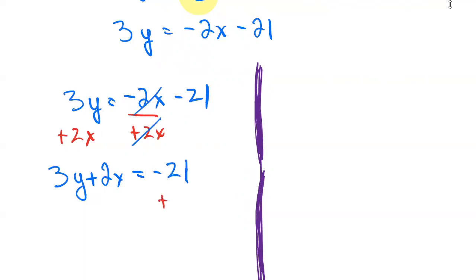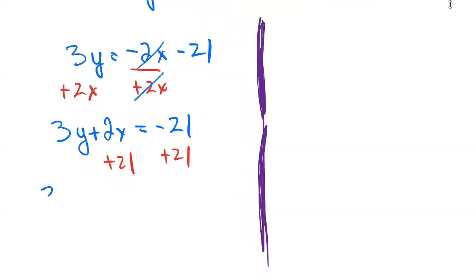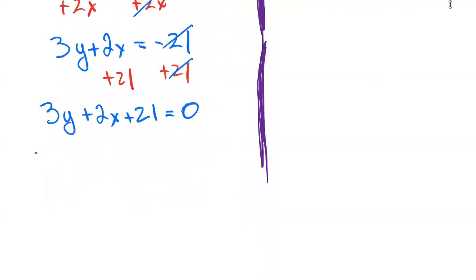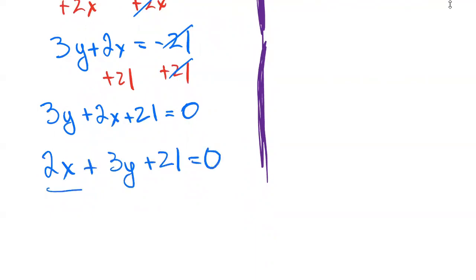And then I'm going to add 21 to both sides. So now I have 3y plus 2x plus 21. And then this minus 21 plus 21 will cancel. That gives me my 0. And then I put that in the proper order. Oops, not 3. 2x has to come first, plus 3y, plus 21 equals 0. There's your final product.